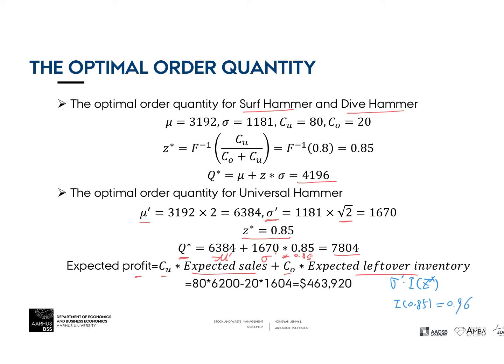So the expected leftover inventory equals 1,670 times 0.96, which is about 1,604 units. And then expected sales equals the order quantity Q minus your expected leftover inventory, which is about 6,200. That's how these values are calculated.